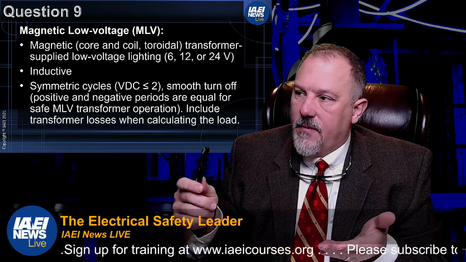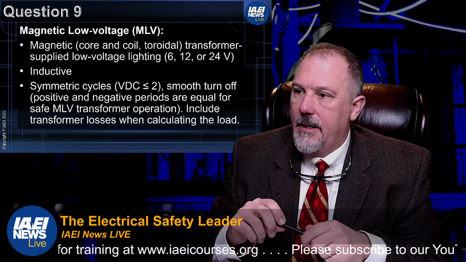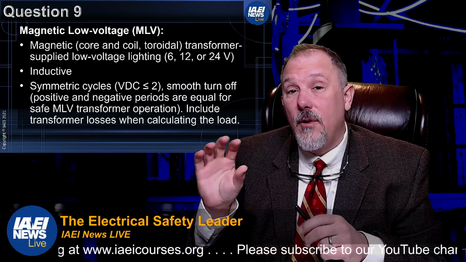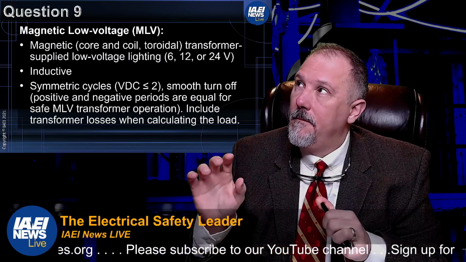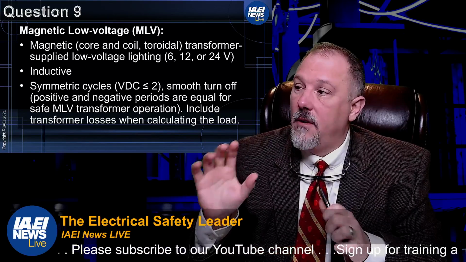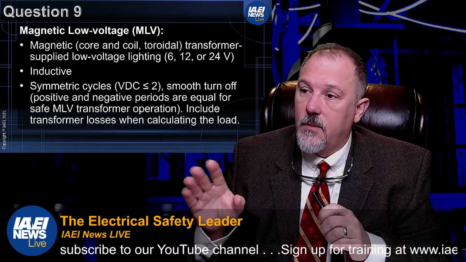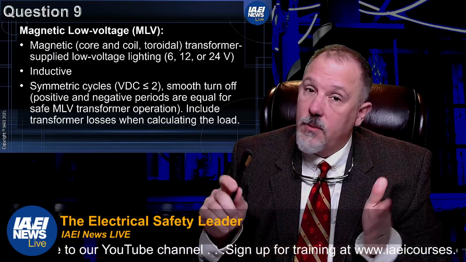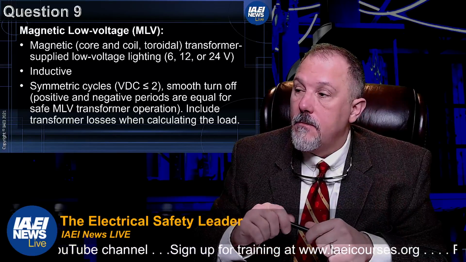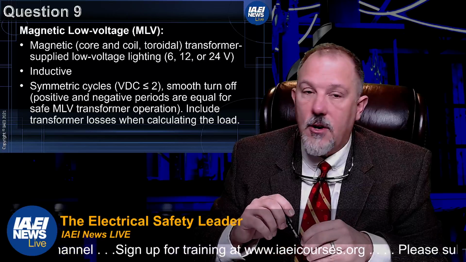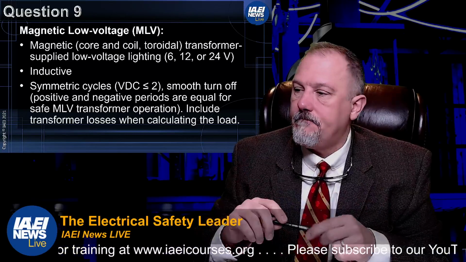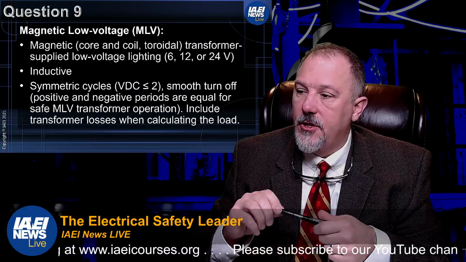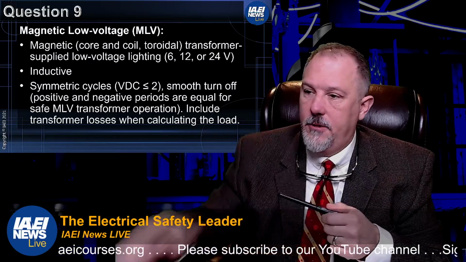It's a transformer supplying low voltage lighting, so the actual lamp would be of a lower voltage, 24, 12 or 6 volts. These are inductive circuits, as we already said. They have a smooth turn on and off, and positive and negative periods are equal on that sine wave. Include transformer losses when calculating the load.